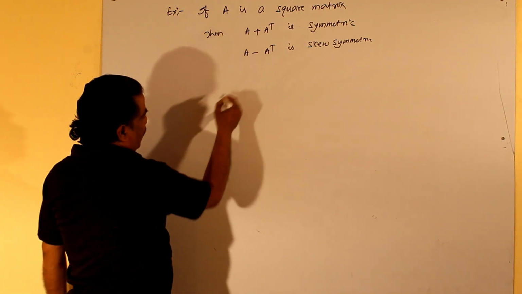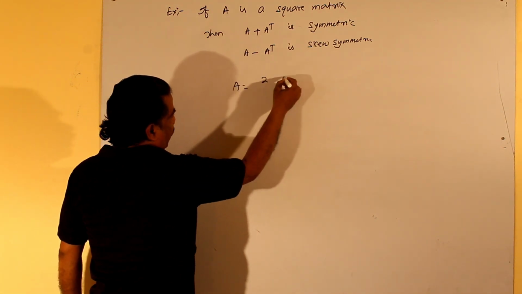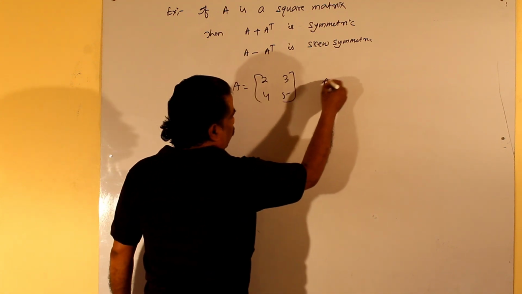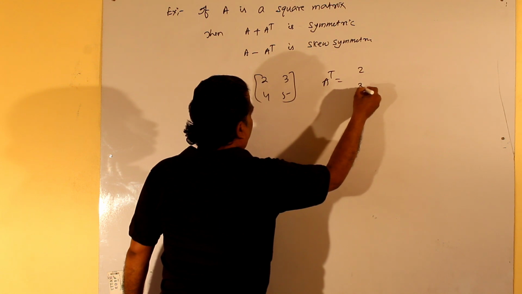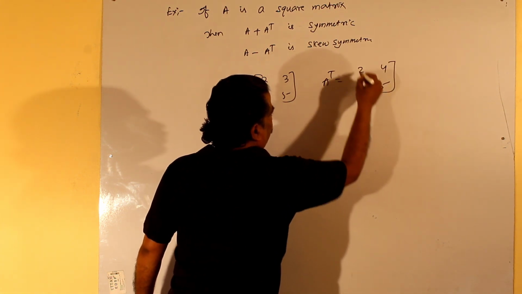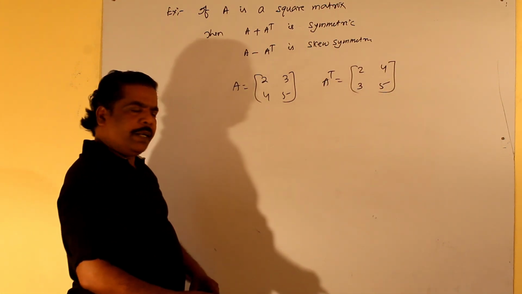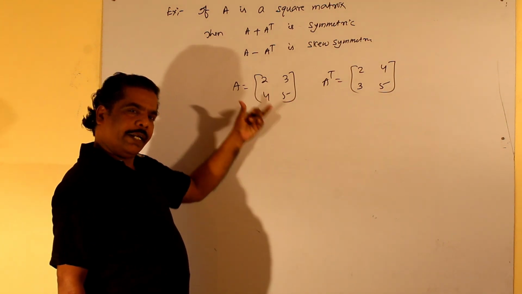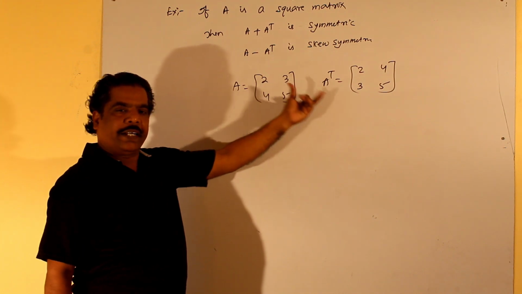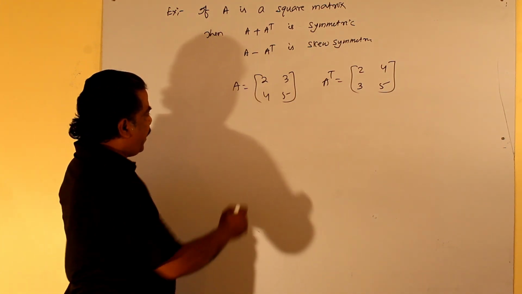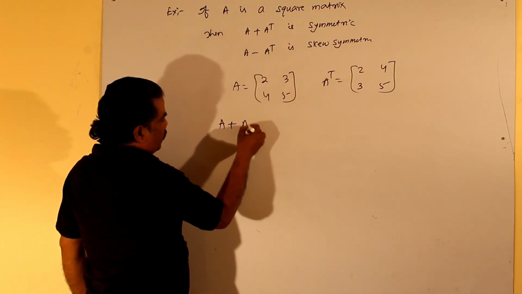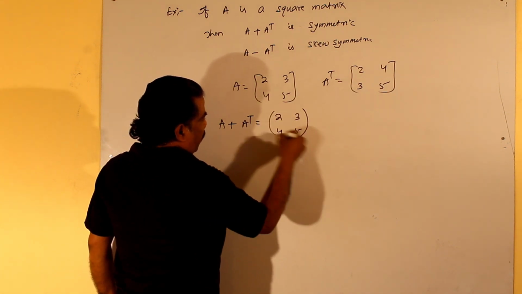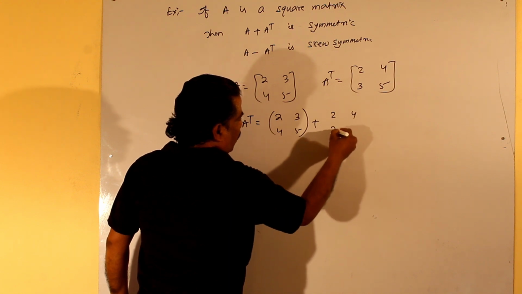Let us take an example: a matrix A is equal to 2, 3, 4, 5, and A transpose is equal to 2, 4, 3, 5. You can take any square matrix of second order and find its transpose. Now find A plus A transpose, which is 2, 3, 4, 5 plus 2, 4, 3, 5.